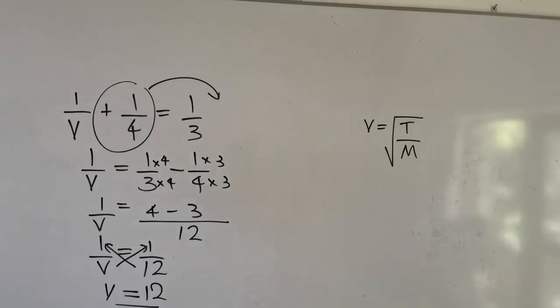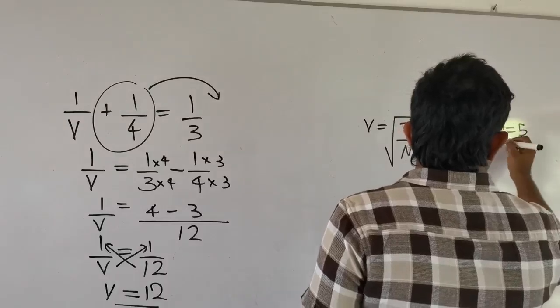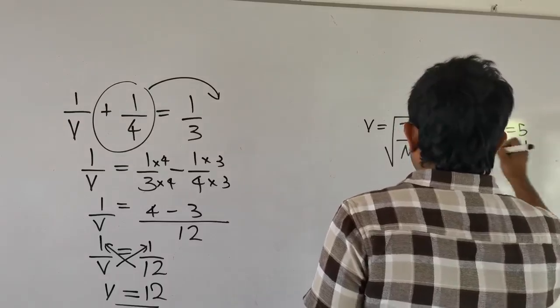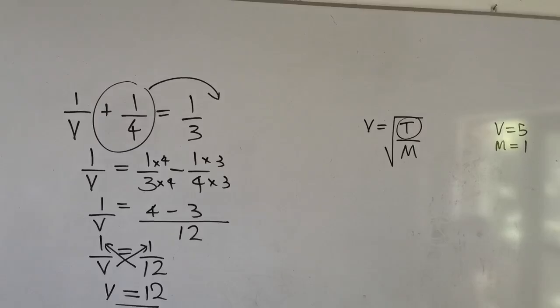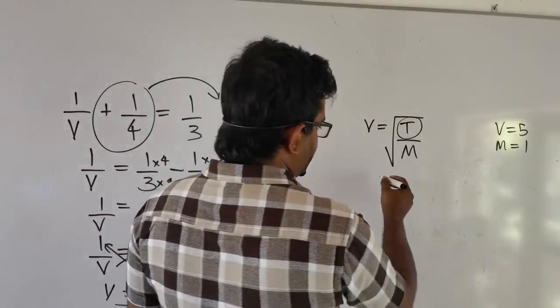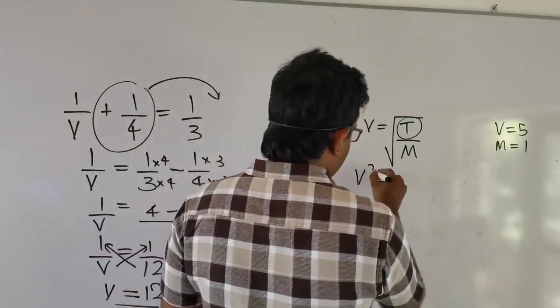And in the next one values are given. V is equal to 5, m is equal to 1. So we need to find t. Now it is inside the square root, therefore we can remove the square root first. We need to consider the square of both sides, v squared.